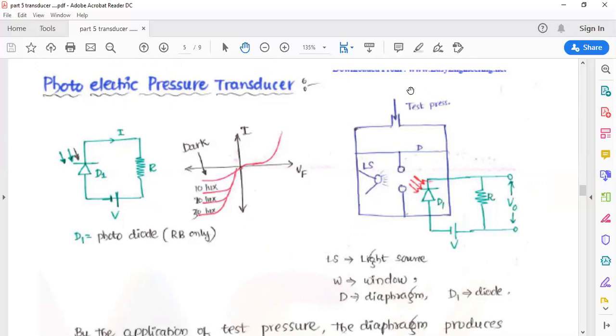As the test pressure enters here, there will be movement in the diaphragm, and it means there will be movement in the window. The window will either expand or contract. As a result, the light intensity falling on the diode will increase or decrease. As a result, there will be a change in output which is calibrated in terms of pressure. So this is the working principle of the photoelectric pressure transducer.